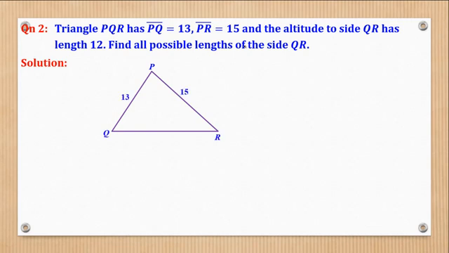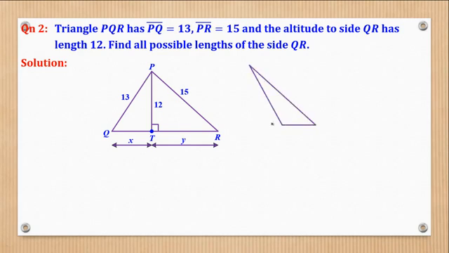One is when the height meets QR within the side, like that. Another option is when the height is drawn by extending QR. So you extend QR to come up with the height, which is 12.